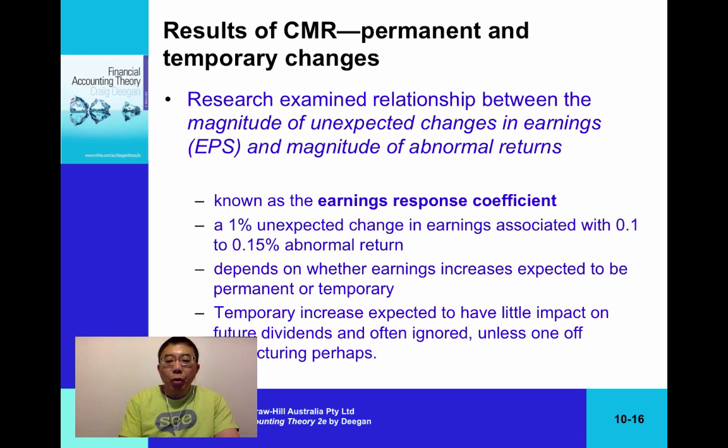This means that not all of the unexpected changes in earnings or profits would result in a change in share price. So why is it like that? The conclusion from some of these studies was that shareholders were able to distinguish, in the unexpected changes in earnings, between permanent increases in profits, for example, and those increases in profits that were temporary.